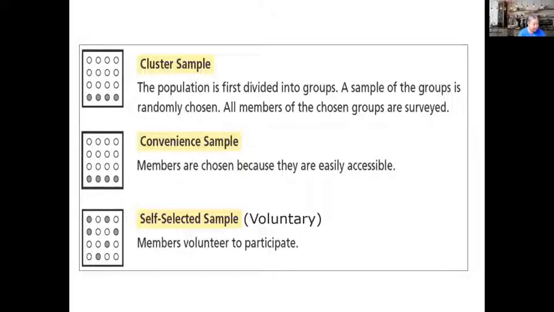And what's a self-selected sample? Terminology-wise, in the UC Scout video they call it voluntary. It's the same thing; voluntary just means self-selected. So members volunteer to participate. I think this could be any statistics study, for example, if a medical organization wants to conduct a certain study and advertises it, and sometimes there are even rewards, right?